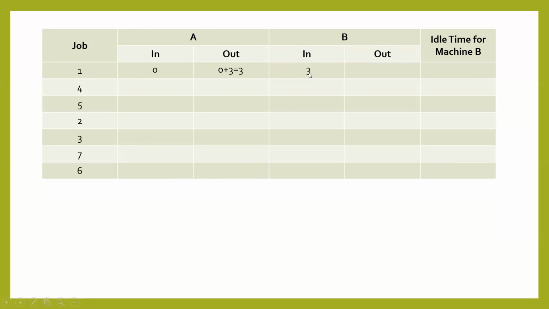Then the processing time for job number 1 on machine B is 8 hours. So I need to add 8 to 3. So 3 plus 8 gives you 11. Okay, please tell me the idle time for machine B. Anyone? What do you think the idle time for machine B will be in this case?